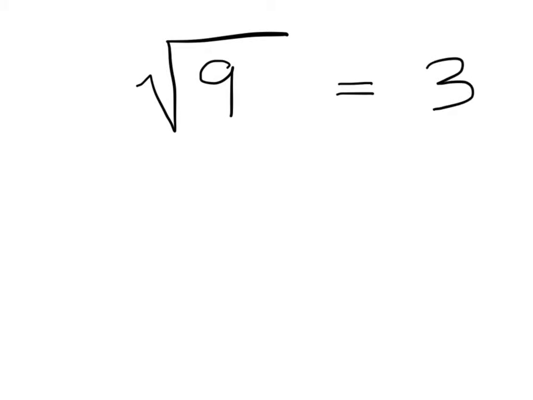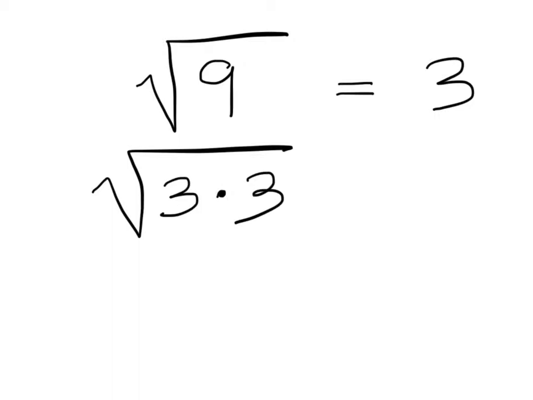What if I had this? The square root of 9. Do you know what the square root of 9 is? 3. Can I not rewrite the square root of 9 as square root of 3 times 3? Isn't 3 times 3 9?